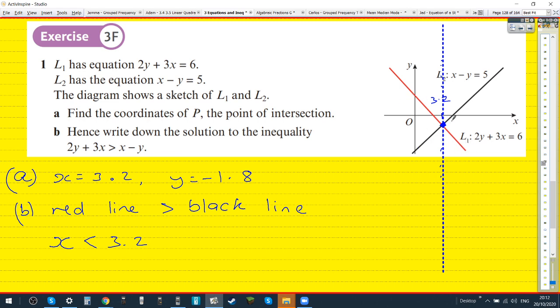Black line is the x minus y one. It's basically when is the red line greater than the black line, greater in terms of y, the output. Oh, okay. When does it have a higher y coordinate? And that's when x is less than 3.2, to the left of 3.2.